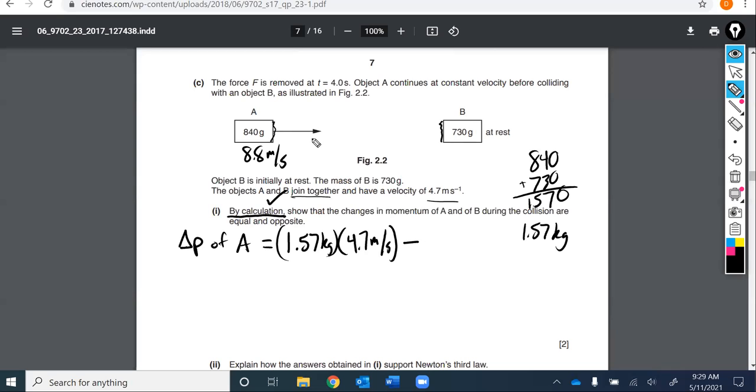But the initial momentum of A was 0.84 kilograms times 8.8 meters per second.